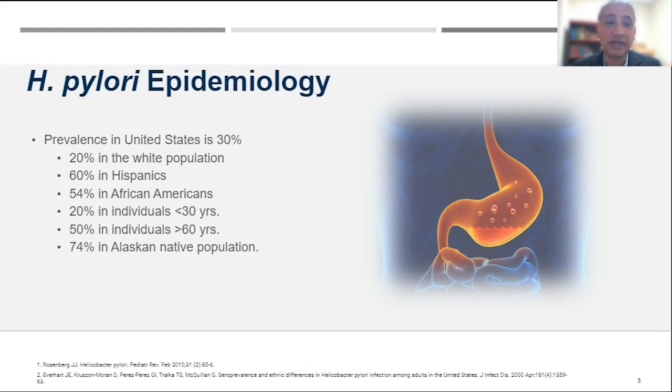And we do see that in the distribution of disease in the United States. Demographically, individuals who are younger than 30 years have a prevalence of H. pylori of around 20%. Individuals older than 60 years have a prevalence of over 50%. So again, that cohort effect is quite apparent when we look at the distribution of disease in the US.